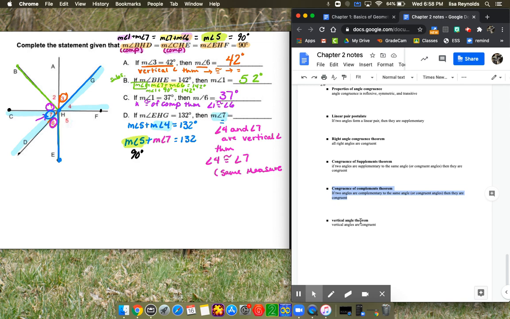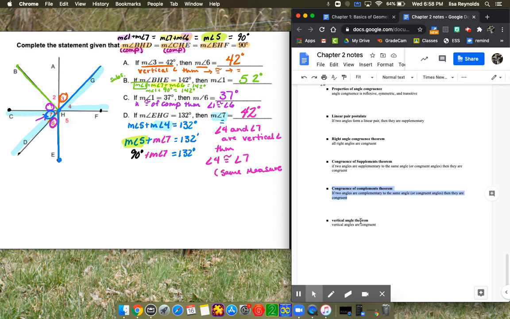I'm going to put 90 degrees plus the measure of angle 7, and it's going to equal 132 degrees. And now it's a simple subtraction problem. So 132 minus 90 is going to end up being 42 degrees.